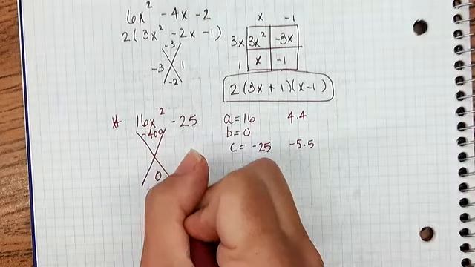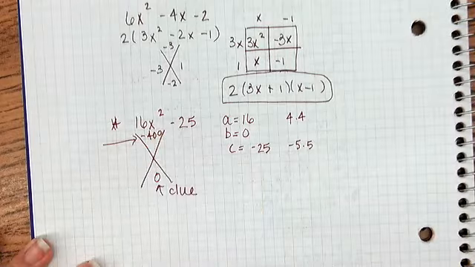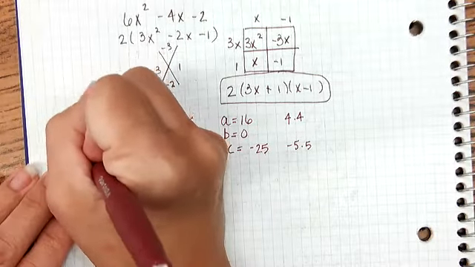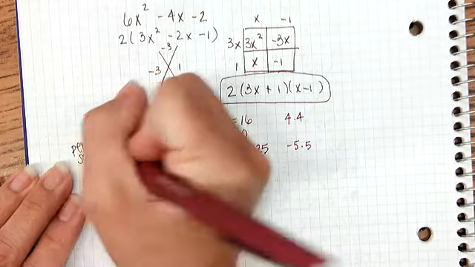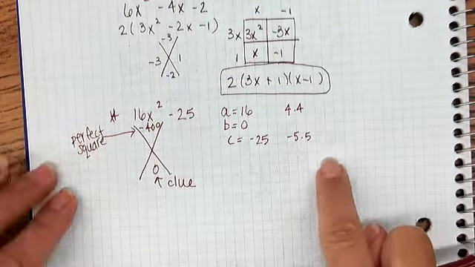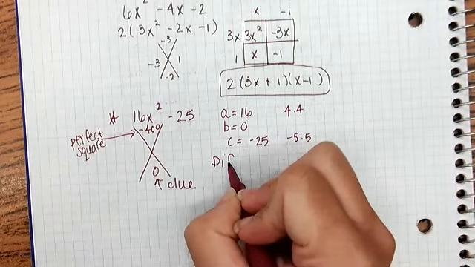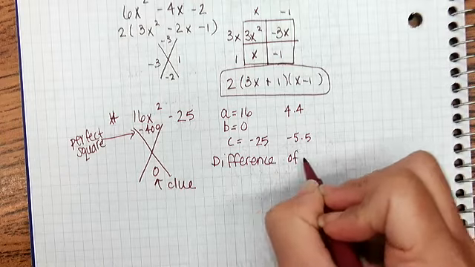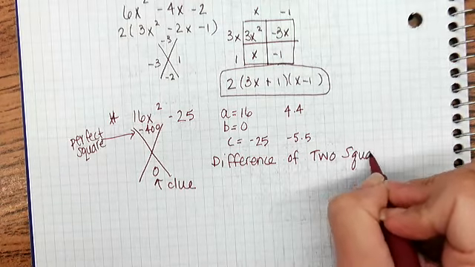This is a clue to you. Negative 400 is a perfect square. Also a clue to you. Perfect square, perfect square, perfect square. It's called the difference of two squares. It's one of the most common factoring patterns.